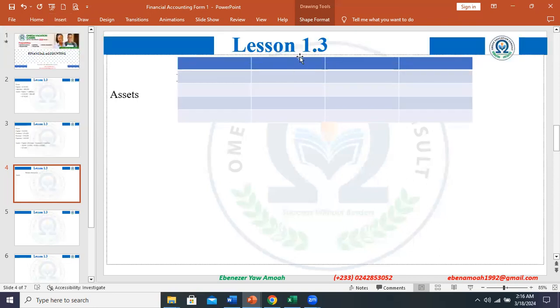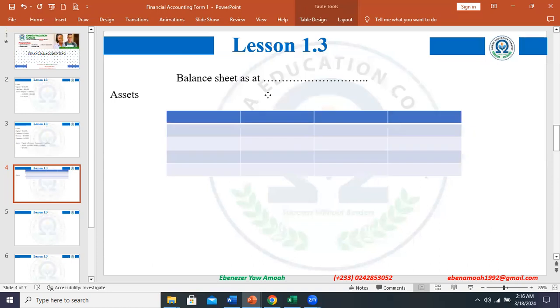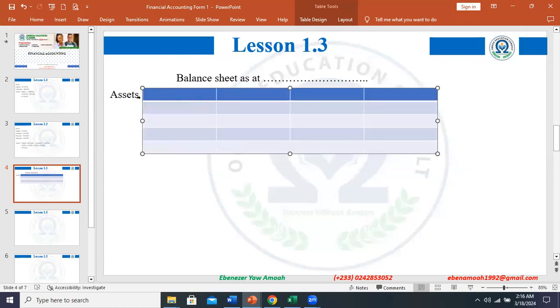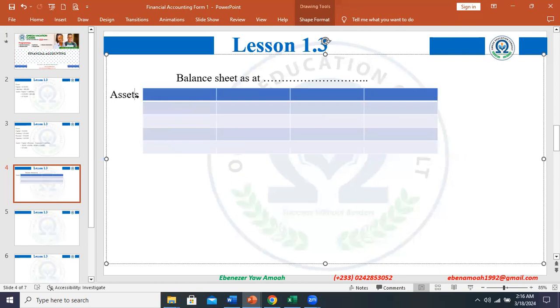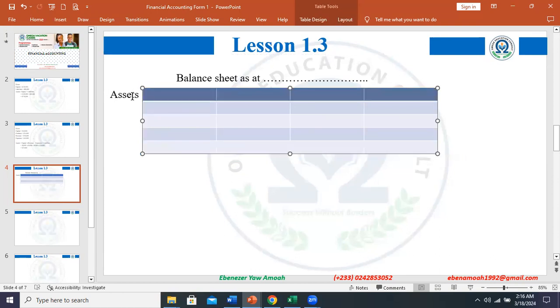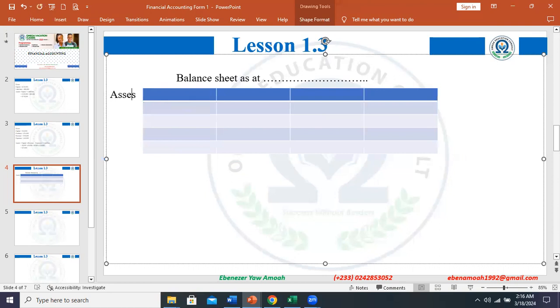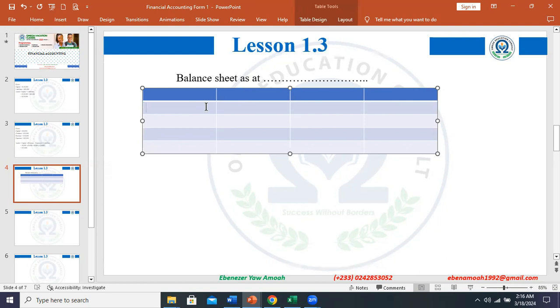So this is my balance sheet. Okay, so I can put my assets on the left side or the right side. It doesn't really matter. The balance sheet is not an account. It's just a statement. So I can put my assets here, which I'm yet to determine, and put my liabilities and capital on the other side.